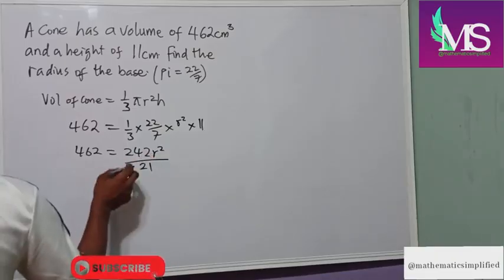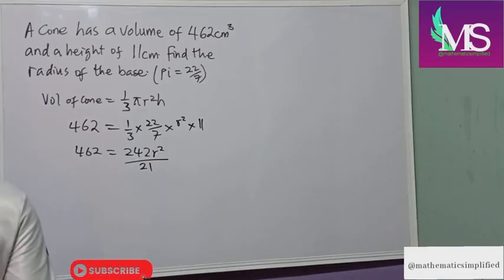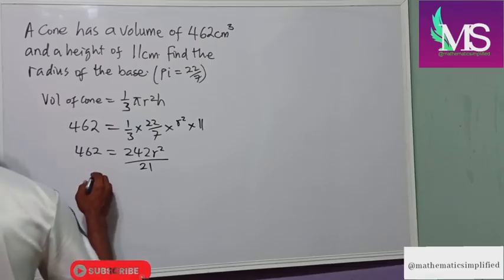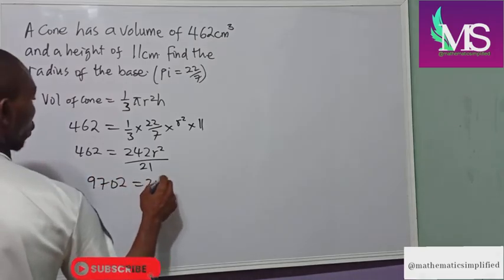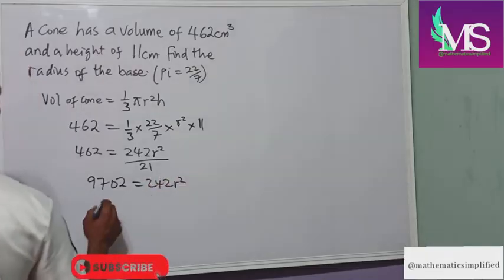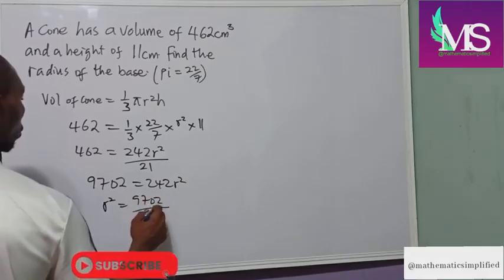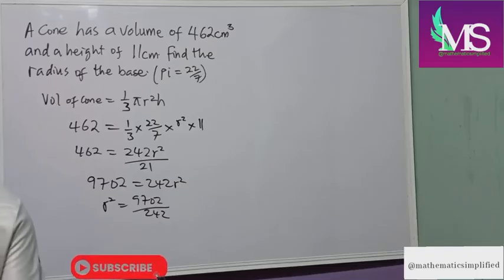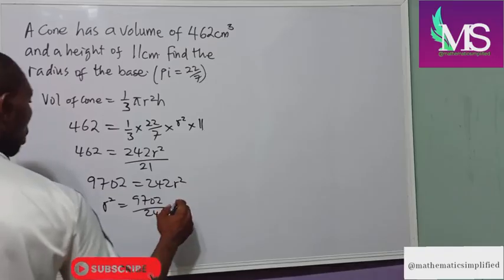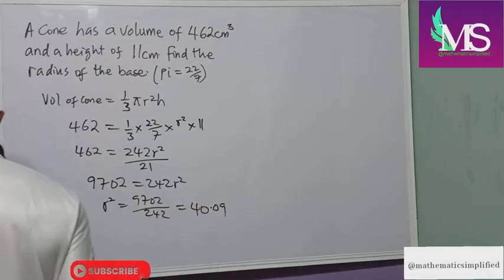Okay, now cross multiplying, we are having 462 times 21, which will give us 9702 equals 242 r squared. So r squared equals 9702 over 242, which gives us r squared equals 40.09.